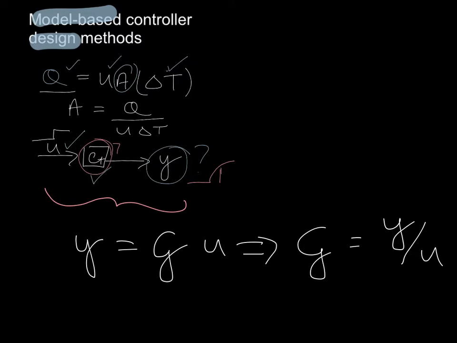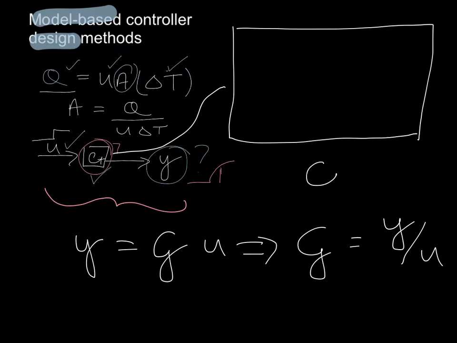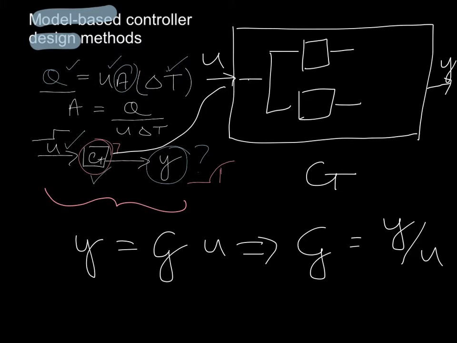Of course, our problems aren't always as simple as that, because sometimes G is itself made up out of other blocks. So it may be that the overall behavior we could call G, and this would be the relationship between U and Y. But we can imagine an arbitrarily complex connection of different blocks all being put together in order to obtain that overall behavior.